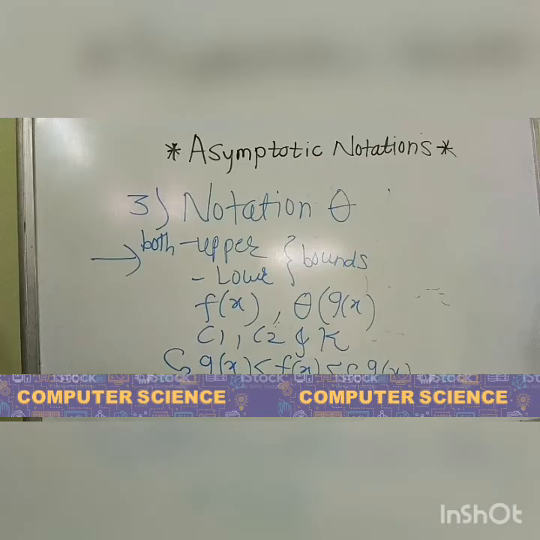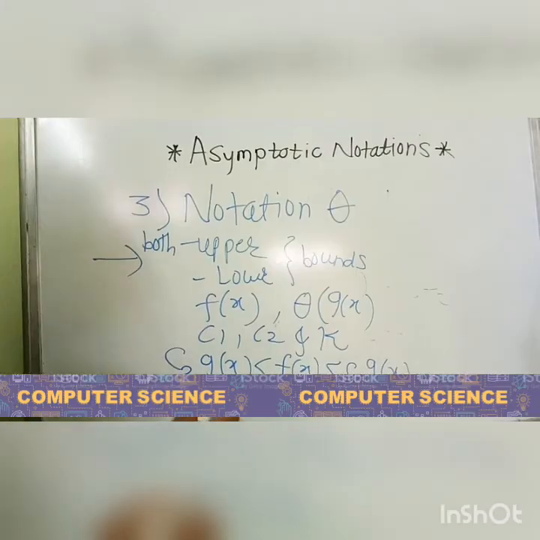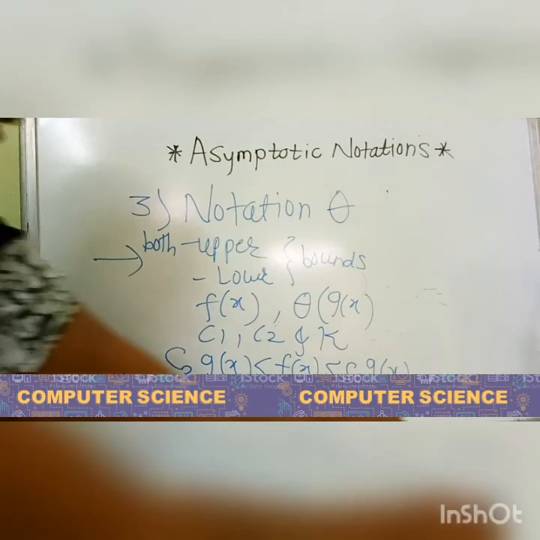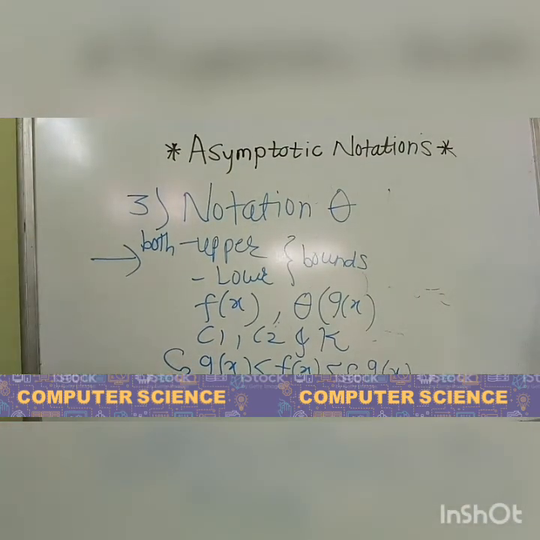Means our original function for which we are calculating these notations, f of x, will be in between these two, where one is the upper bound and one is the lower bound. As we know, when f of x is greater, it will provide us the lower bound, and when f of x is less than g of x, it will provide us the upper bound. So it will be the middle ground between the two notations, upper bound and lower bound.